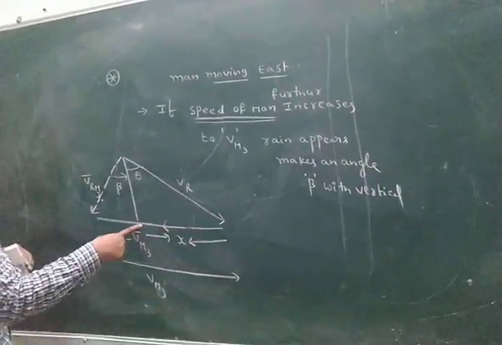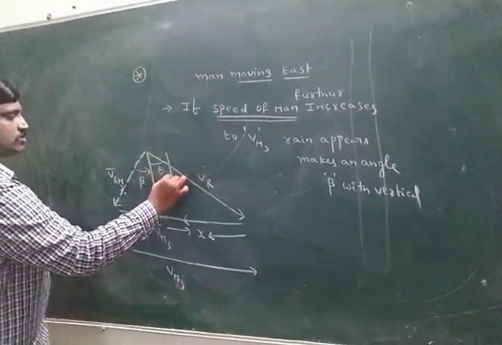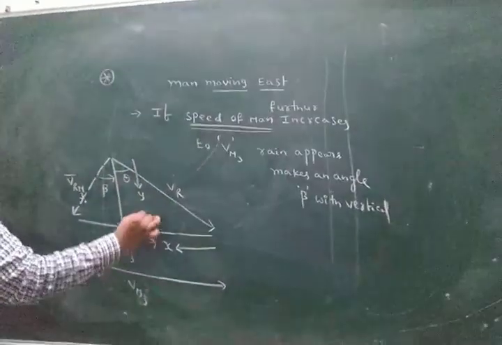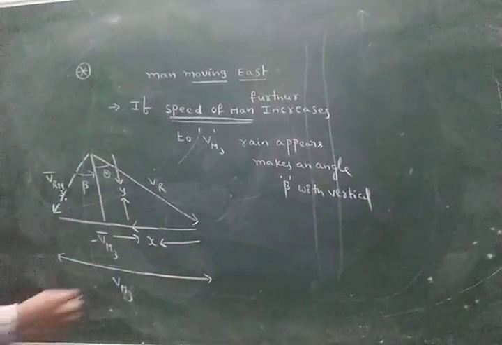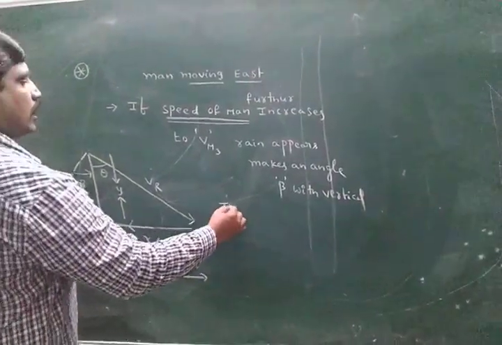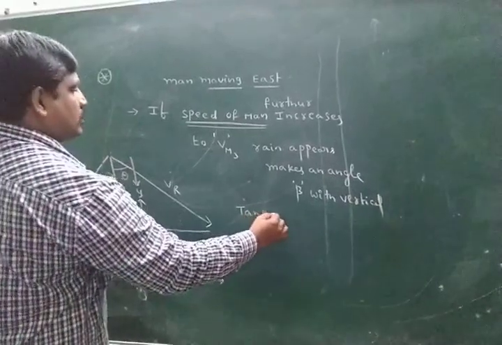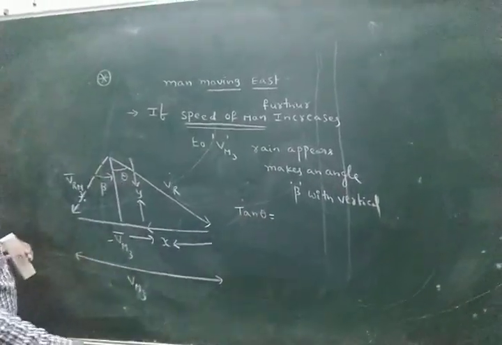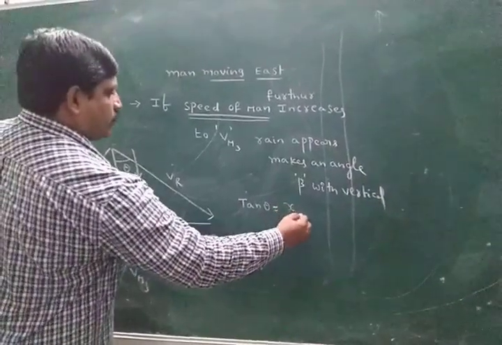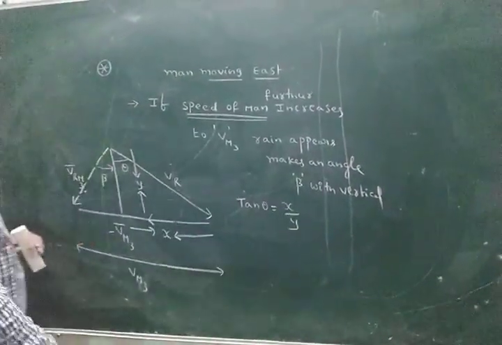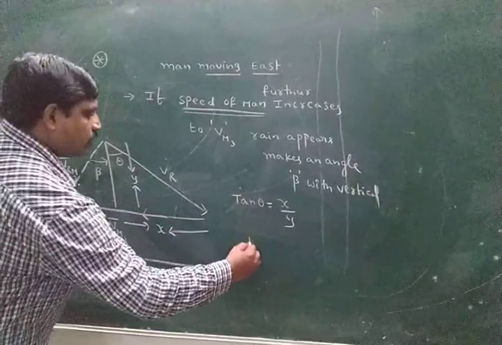Here to here x. The vertical distance we know is y. In this situation, what is tan theta? Tan means opposite side by adjacent side. What is tan theta? X by y. Okay.